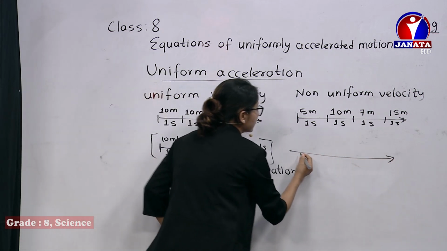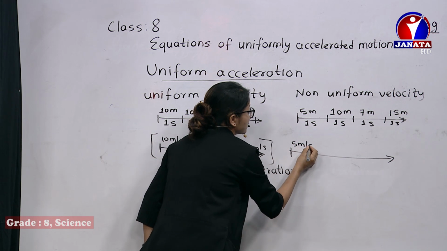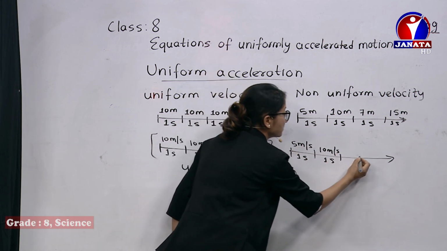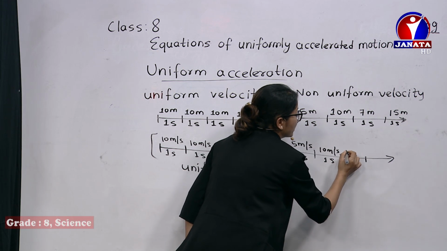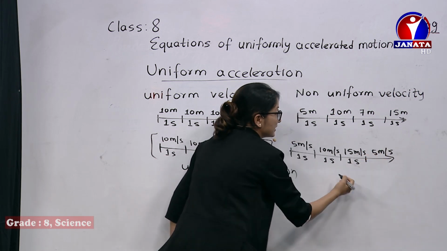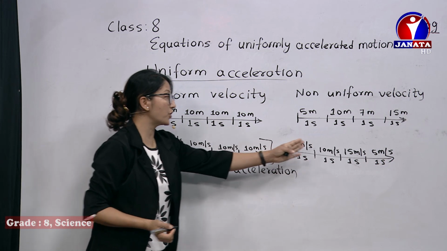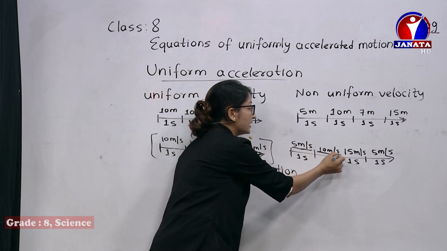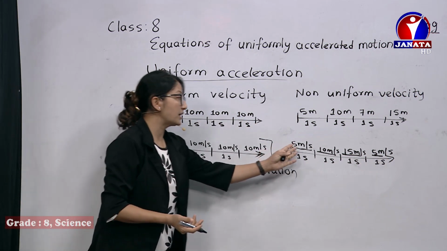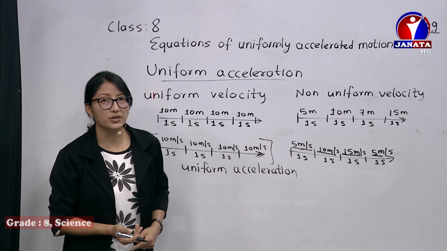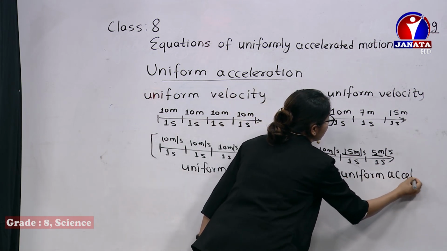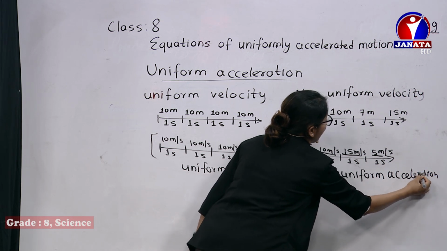Like here, if the vehicle travels with 5 meter per second in the first second, in the next second 10 meter per second, in the next second 15 meter per second, and again it decreases by 5 meter per second, then its velocity is changing every second. If the velocity changes like that, then the acceleration is said to be non-uniform acceleration.